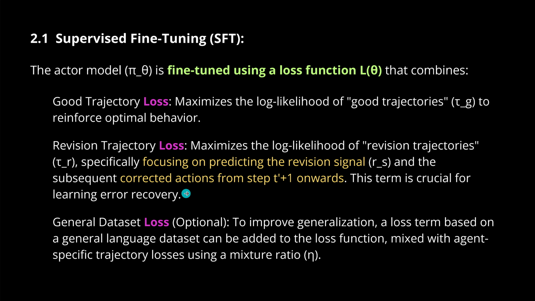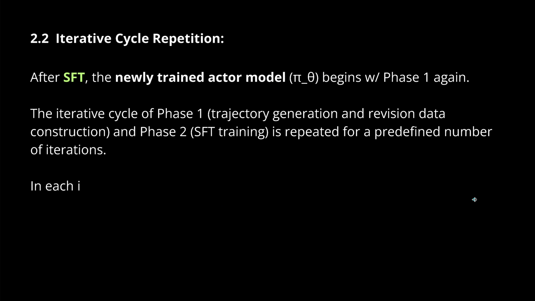So if we have, I don't know, what we saw, Google LLMs went into a reasoning loop and was not able to escape. This is the term in the loss function that will catapult here our LLM out of this loop. And then we have a general data set loss, optional to improve generalization for a particular domain.